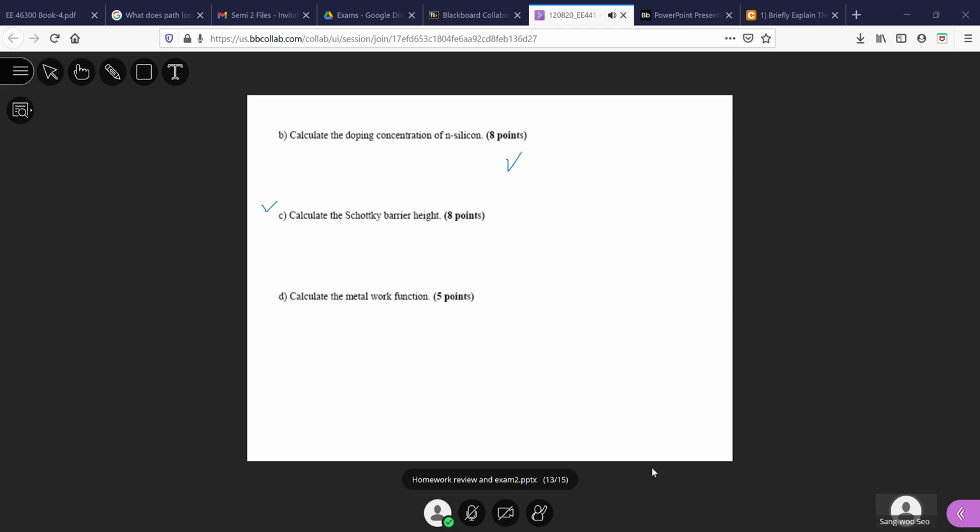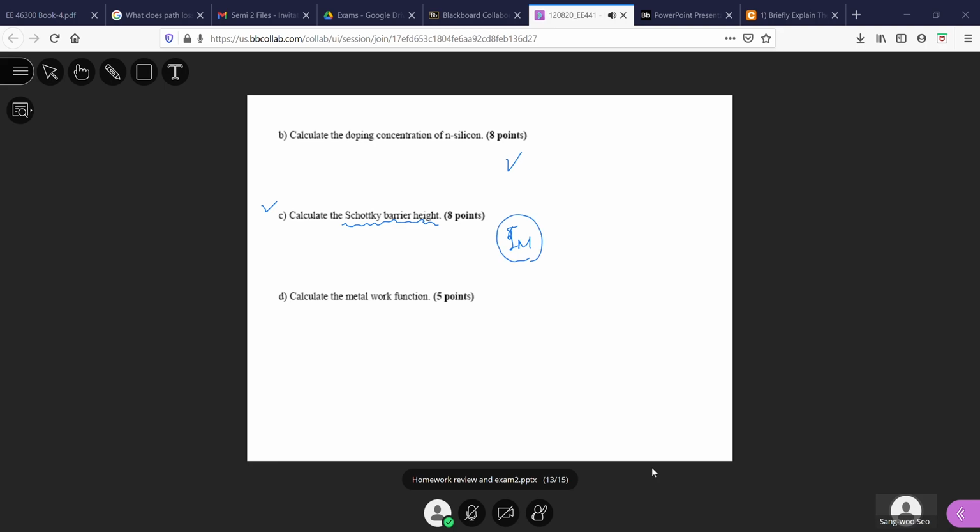And then question C is asking about the Schottky barrier height. Okay, the Schottky barrier height we calculate from the metal work function, right? So the metal work function, you have this one, okay.